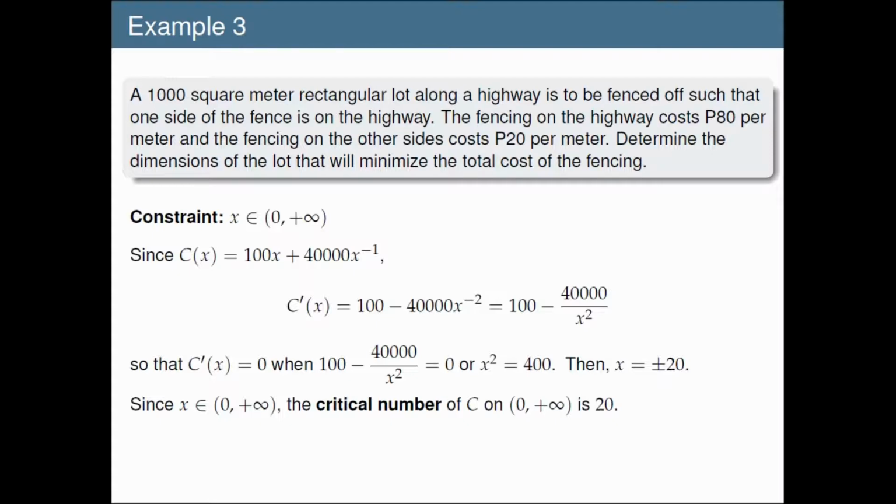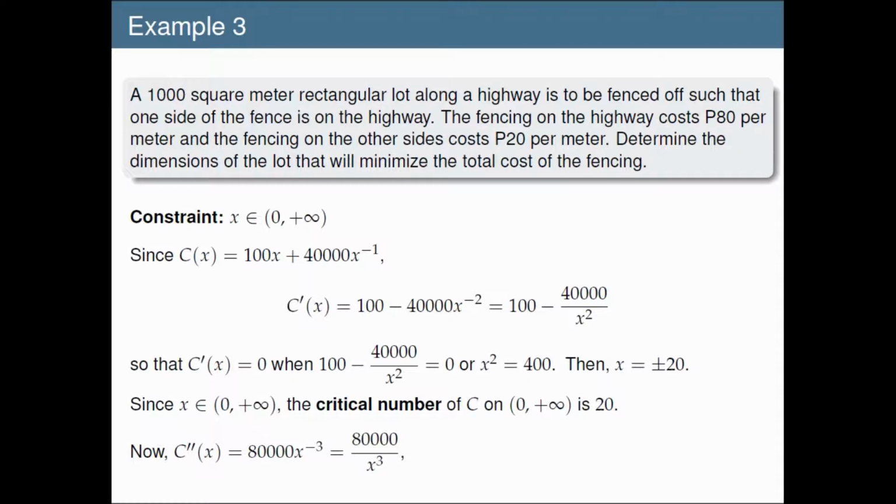We now get the second derivative of c. Yung derivative nito. This is equal to 80,000 x raised to negative 3. Since negative 40,000 times negative 2 is 80,000. This is also equal to 80,000 over x cubed.